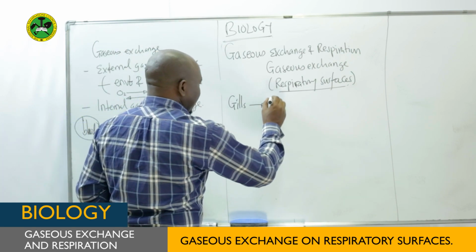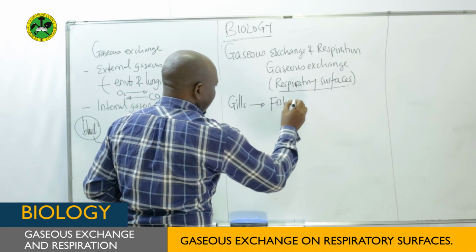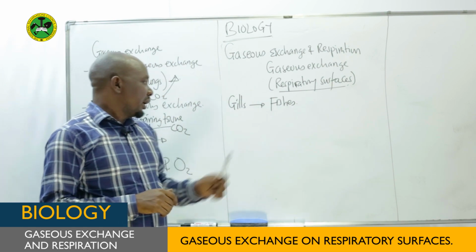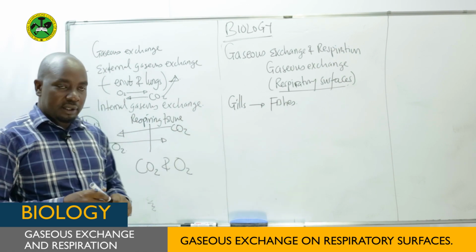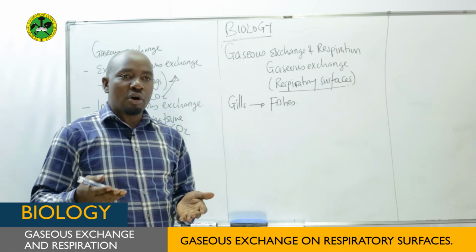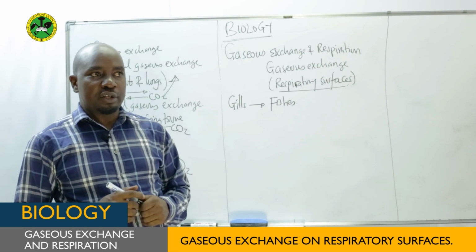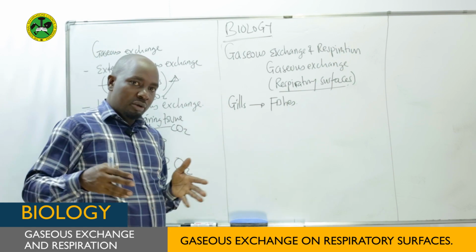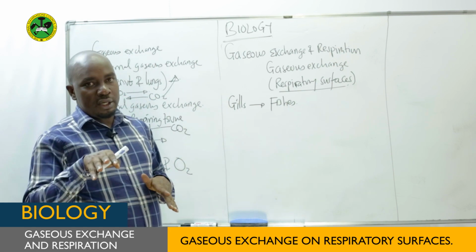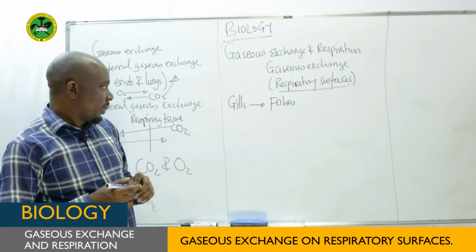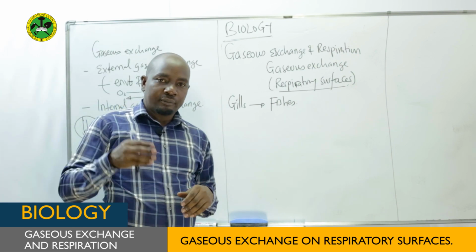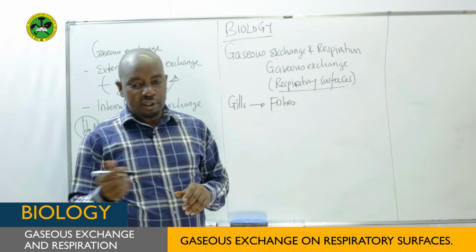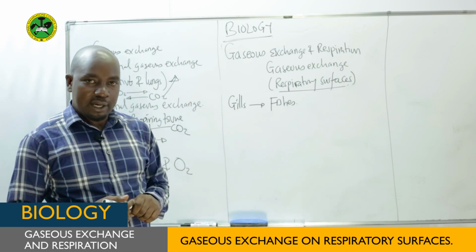The gaseous exchange in fish takes place in the gills, where oxygen in the form of dissolved oxygen diffuses from the water current into the bloodstream, and the carbon dioxide diffuses from the bloodstream of the gill slits into the water current.